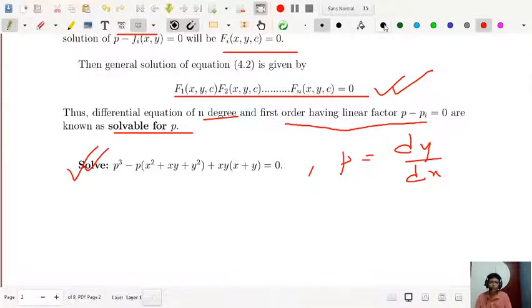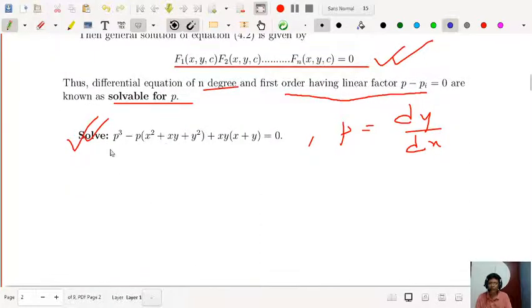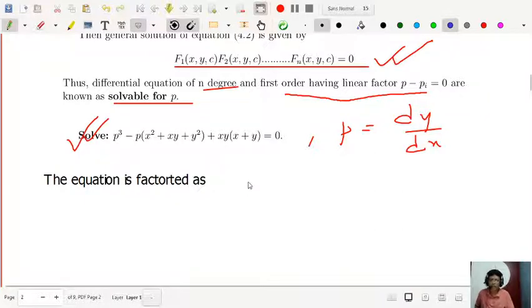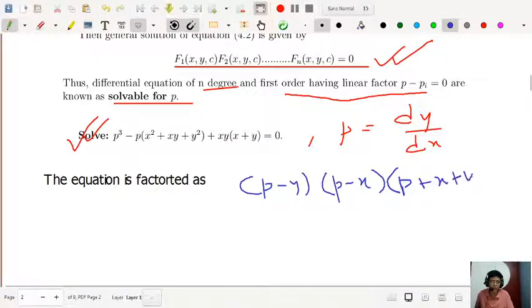So if you open the bracket and expand the differential equation, the equation can be factored as, let me write, p minus y into p minus x, just like algebraic manipulation, into p plus x plus y equal to 0.